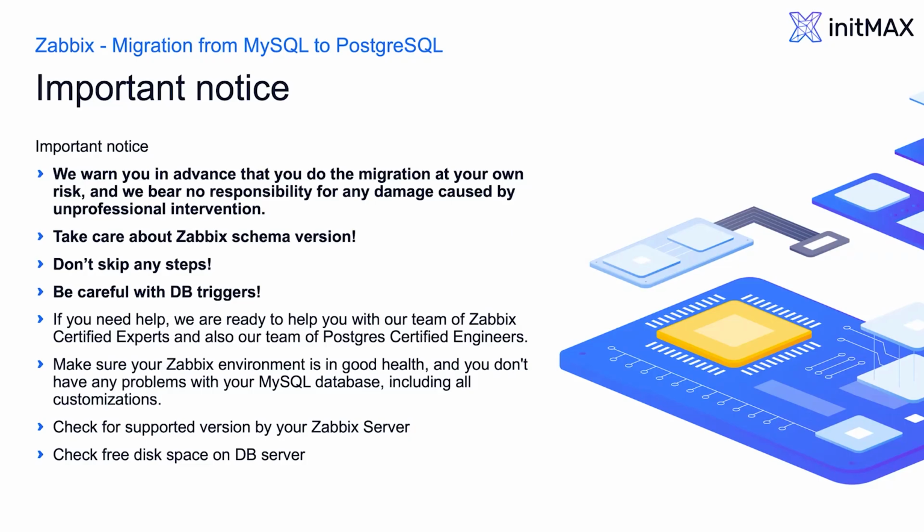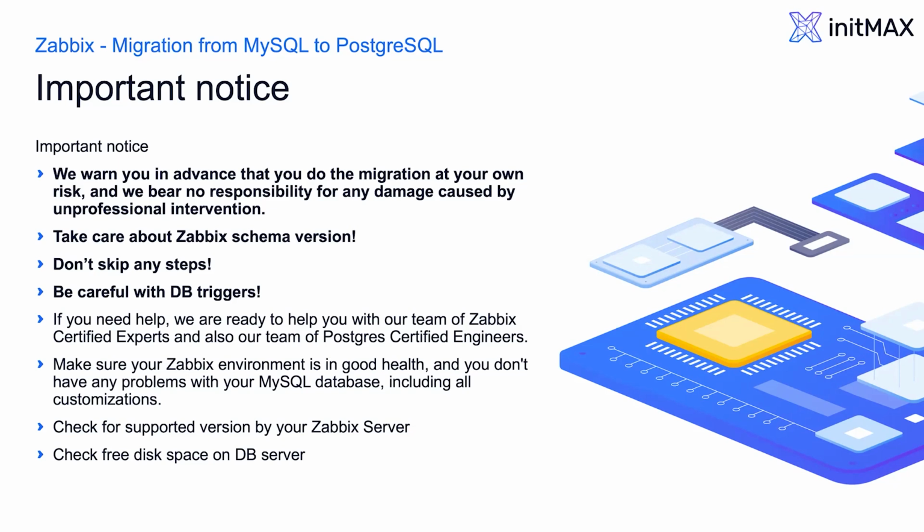We don't want to break anything, and it's important to understand that database migration is not something that's fully streamlined from the database perspective. It's not just some sort of magic tool where you say, hey, migrate from here, my MySQL database, to here, my Postgres database.